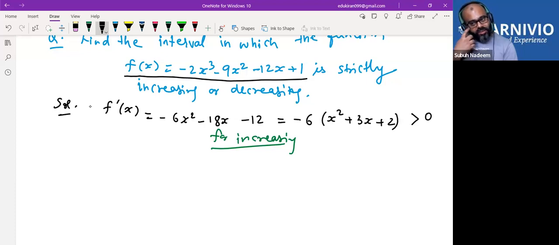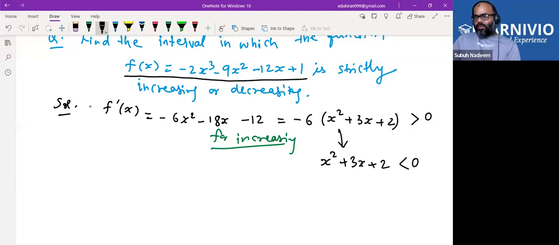Yes, it is increasing. Decreasing from minus 2 to minus 1. Isn't it opposite? Because if you want to say that this is positive, then minus 6 will go to the other side and it will become x² + 3x + 2 less than 0, because the minus will reverse the inequality. Now this will be (x + 2)(x + 1) less than 0.